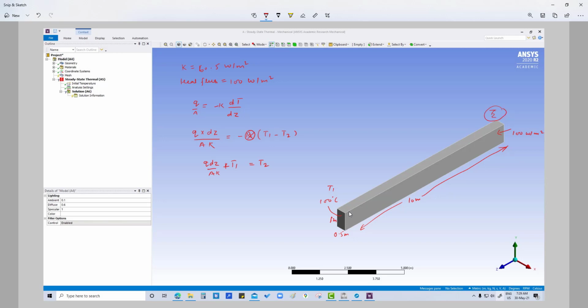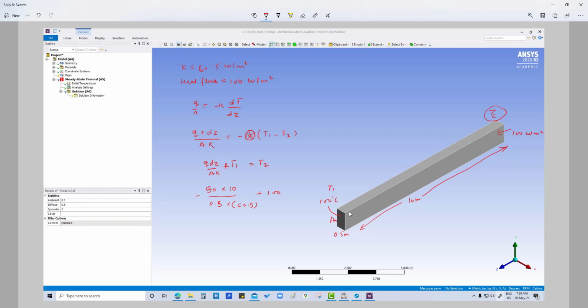So now already we have Q, already we have 50 watt, multiply by dz is 10 meter, area is 0.5, and thermal conductivity is 16.5 plus 100.